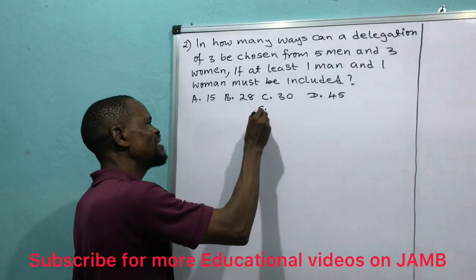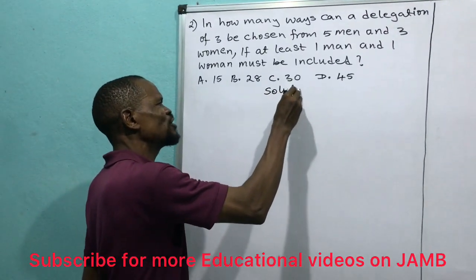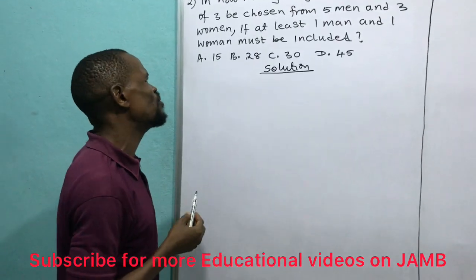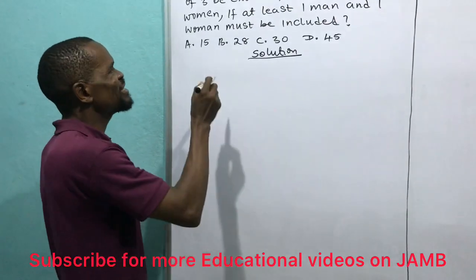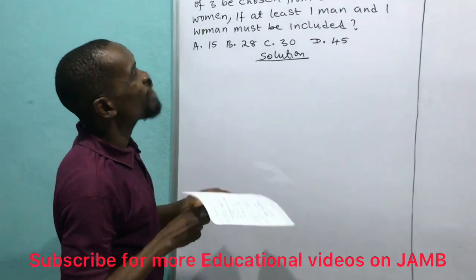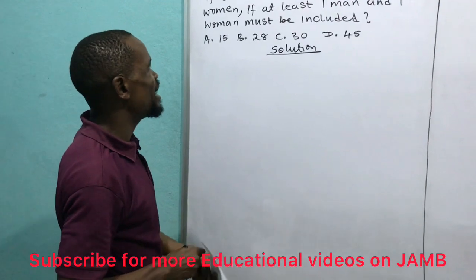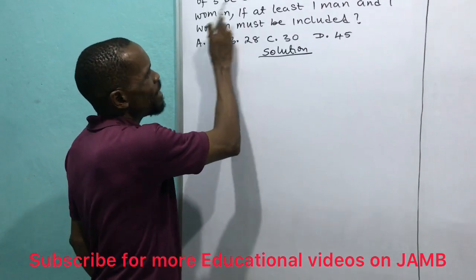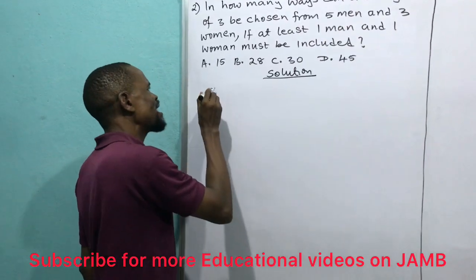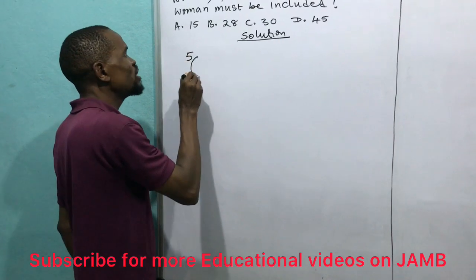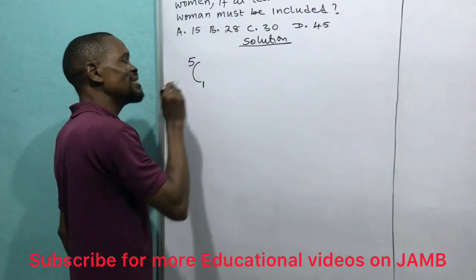What do we mean by at least? At least means from the highest to the lowest, from the highest to the stated value. Then I can say this means that we are choosing 3 from 5 men and 3 women. So if at least one man must be there, how many men are there? 5 men. That means out of 5 men, I'm choosing 1, which is at least.